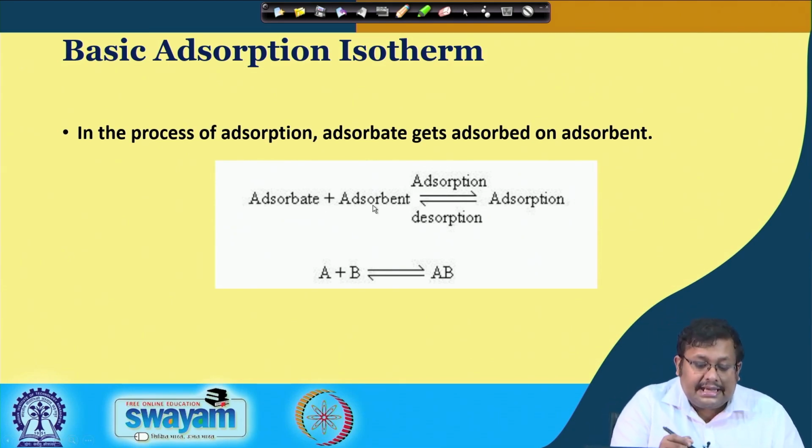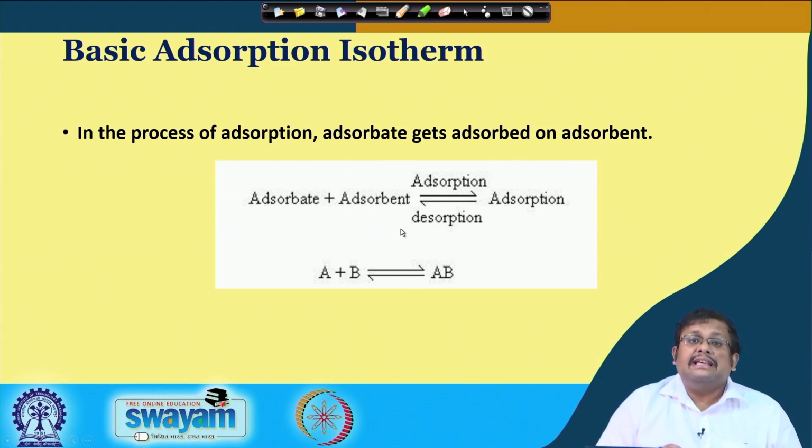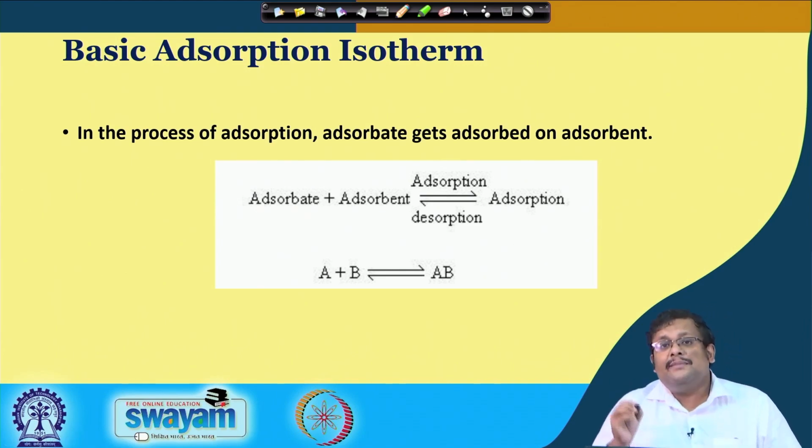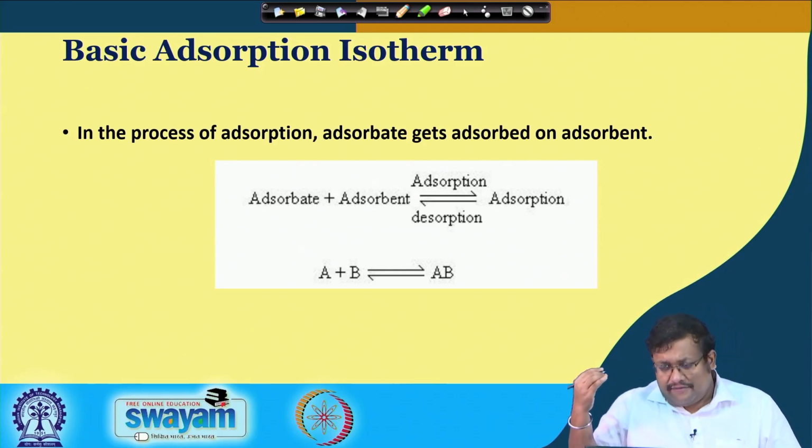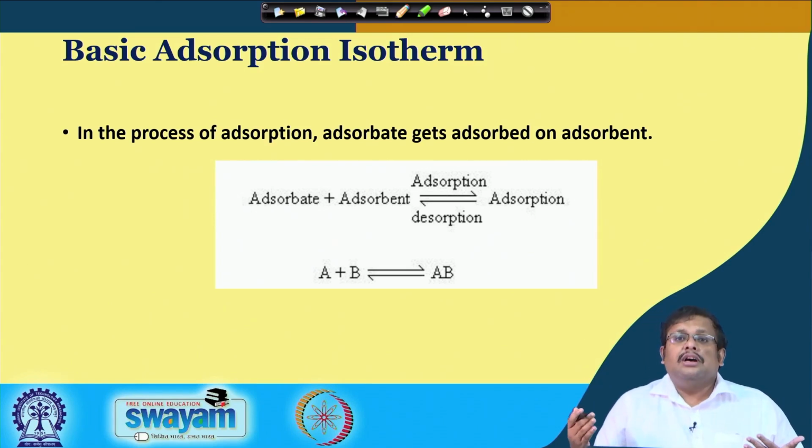If we consider this adsorbent is basically soil in our case, and this adsorbate is basically the ions or metals which are present in the soil solution, then in the adsorption process, these metals get adsorbed onto the soil surface, and the opposite reaction is known as desorption, where those adsorbed metal ions can come back to the soil solution from the soil surface, from the clay surface. So, adsorption and desorption are opposite processes.